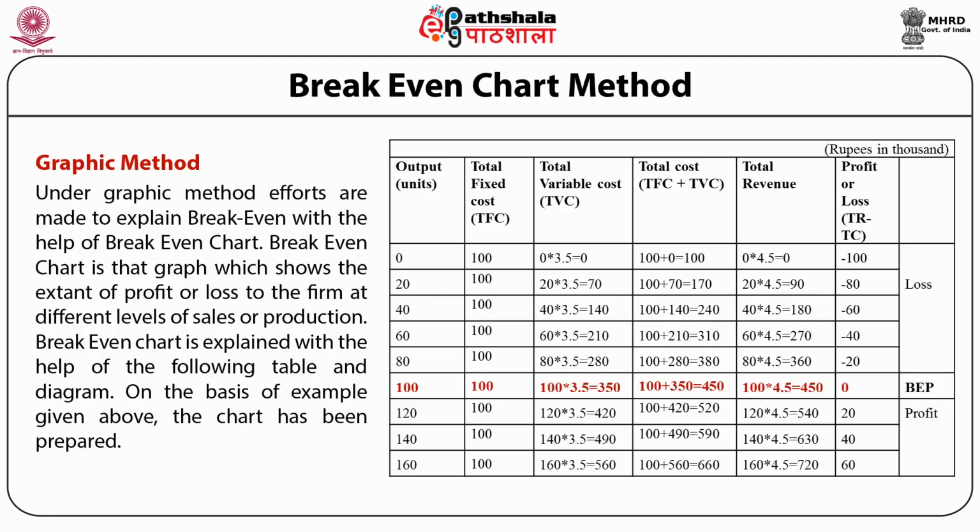The company is earning 0 profit. Beyond this point, if the company is producing 120 units, it is earning 20,000 profit. If it is producing 140 units, the company is earning 40,000 profit. So these figures have been depicted on the graph attached.